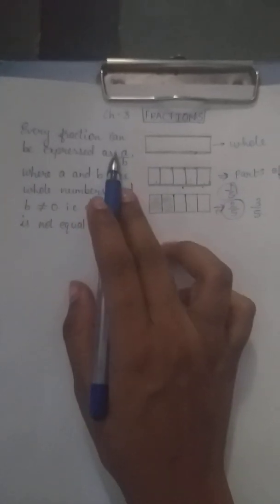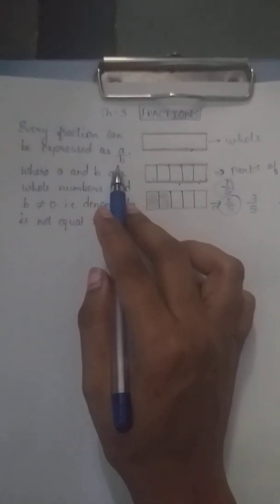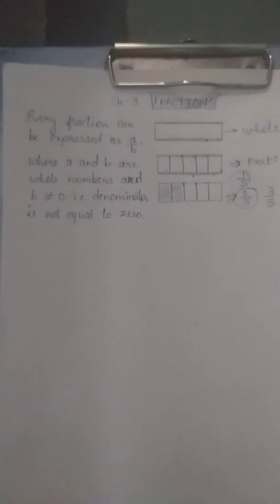So here, this is what we have learned about fractions: numerator as well as denominator, and the denominator is not equal to 0.